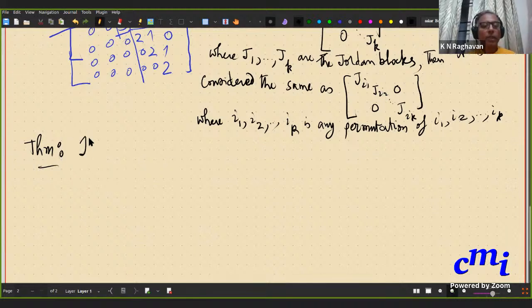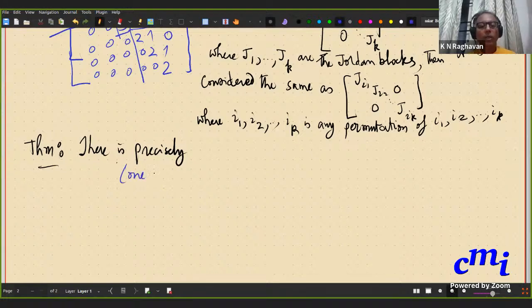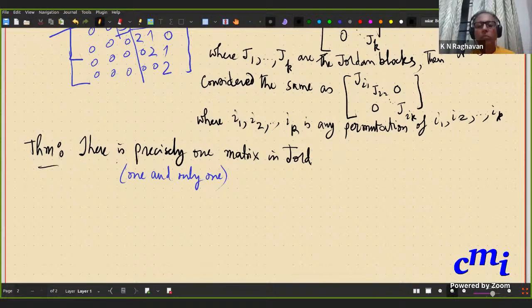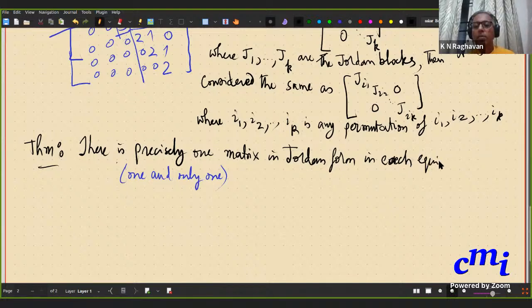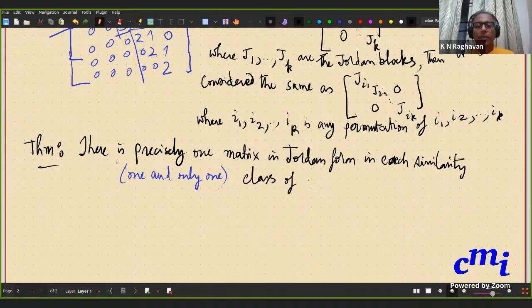So the theorem is there is precisely one and only one matrix in Jordan form in each equivalence class, in each similarity class of D by D matrices.